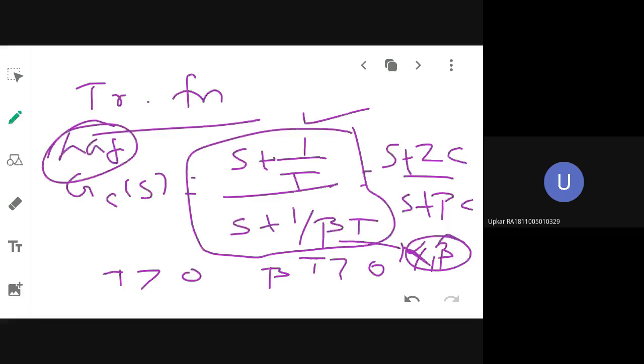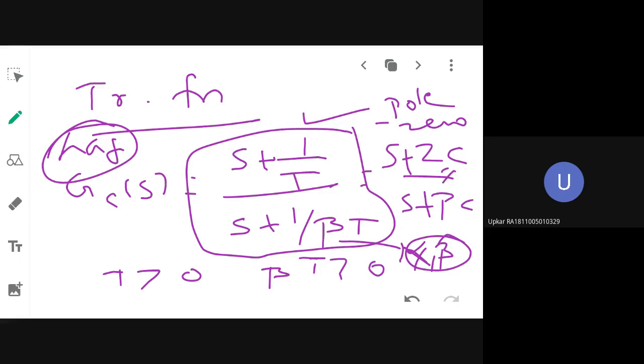In Nagoor Kani, they have used beta, so I am using this notation for representing the transfer function of a lag compensator. It is equivalent to (S plus 1 by T) divided by (S plus 1 by beta T), and this you are equating to the general pole zero format. This is your pole zero representation.